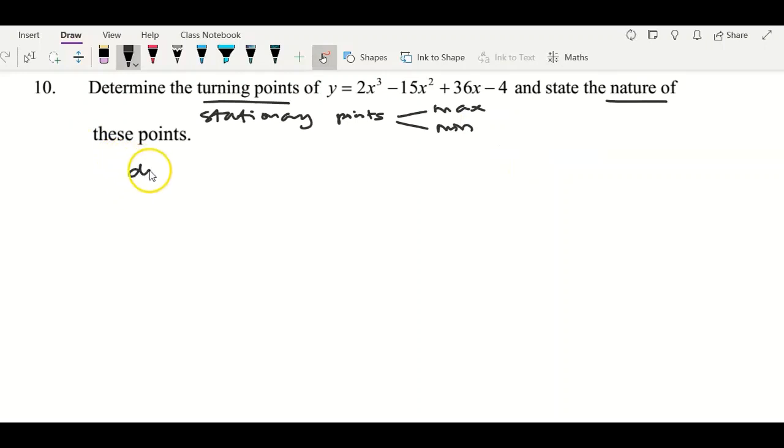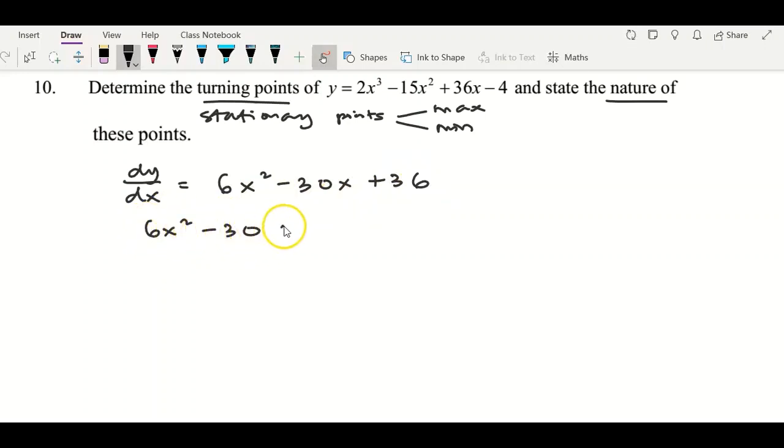To get a stationary point, we find dy/dx first. We got 6x squared minus 30x plus 36. That will be our dy/dx. And let dy/dx equal 0. To solve this, all these terms can be divided by 6.